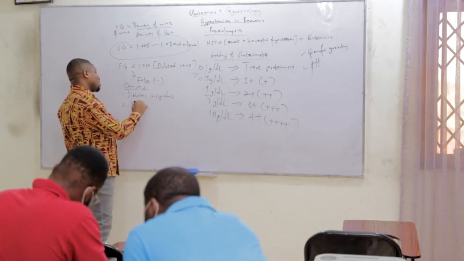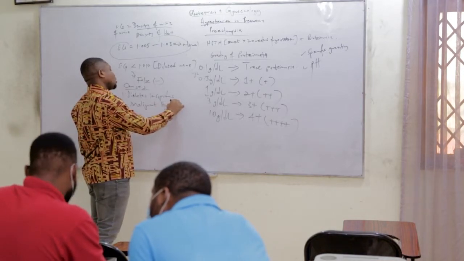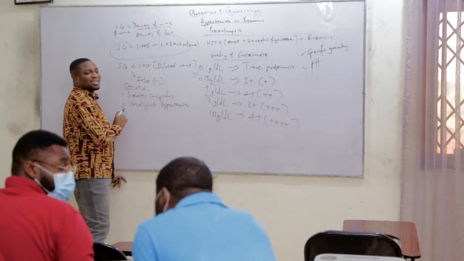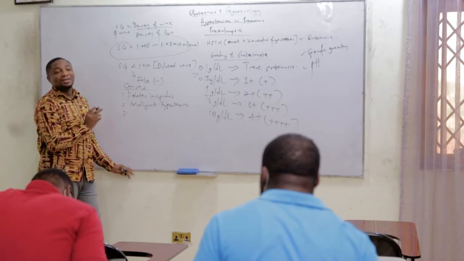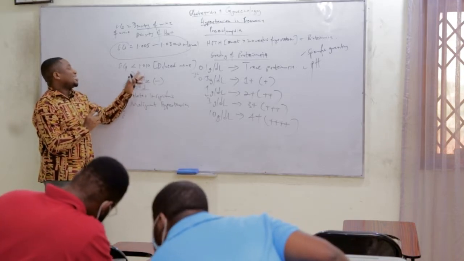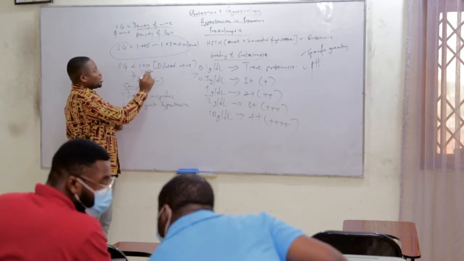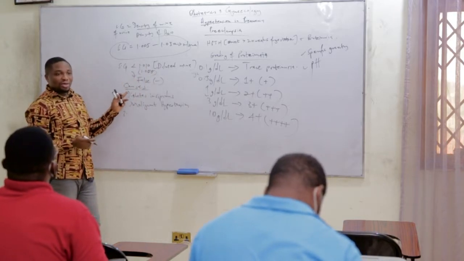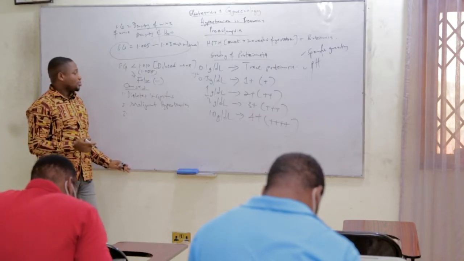Yes, malignant hypertension. Yes, what else? Diuretics. Not necessarily. Yes, mostly, even though we are supposed to say 1.005, mostly if it's less than 1.010, we are considering it as a diluted urine, okay?